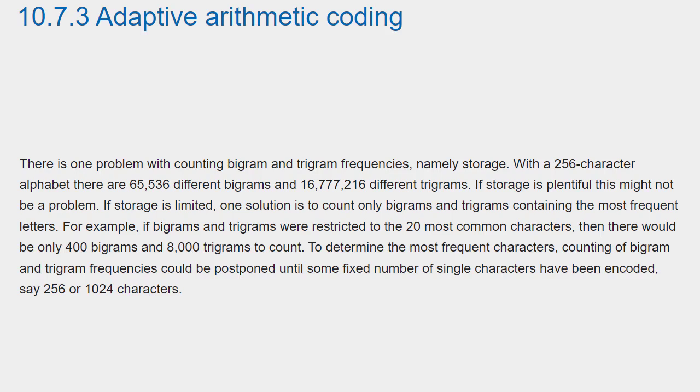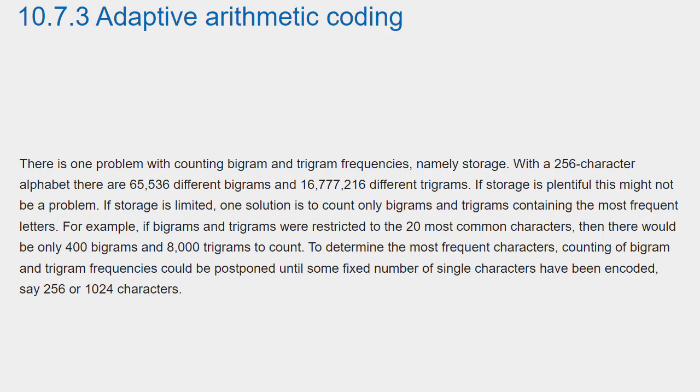If storage is limited, one solution is to count only bigrams and trigrams containing the most frequent letters. For example, if bigrams and trigrams were restricted to the 20 most common characters, then there would be only 400 bigrams and 8,000 trigrams to count.